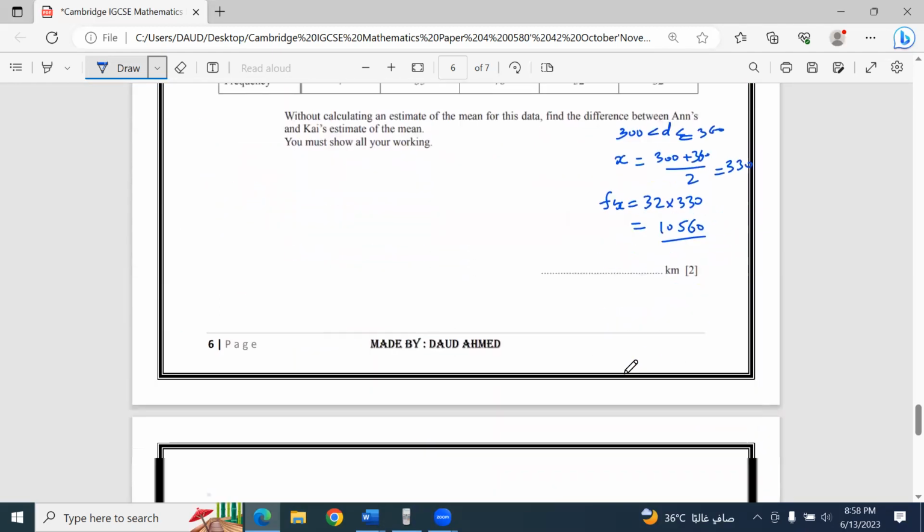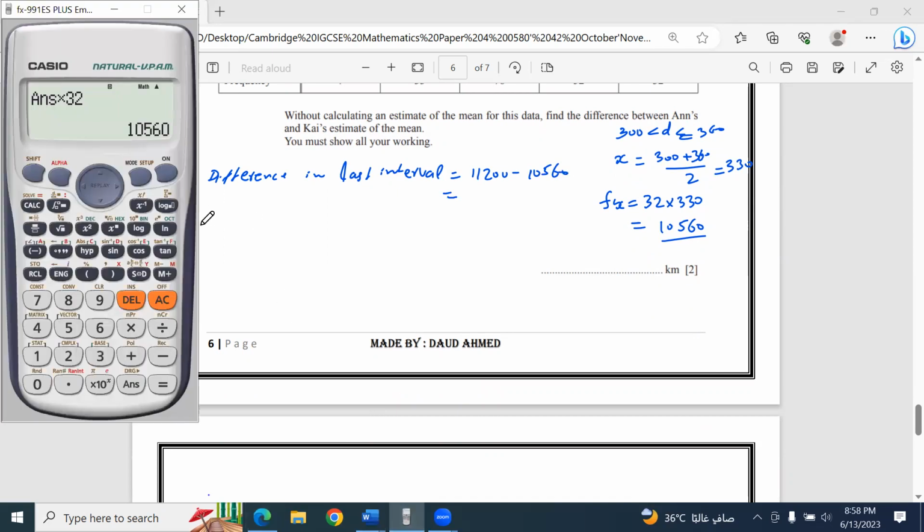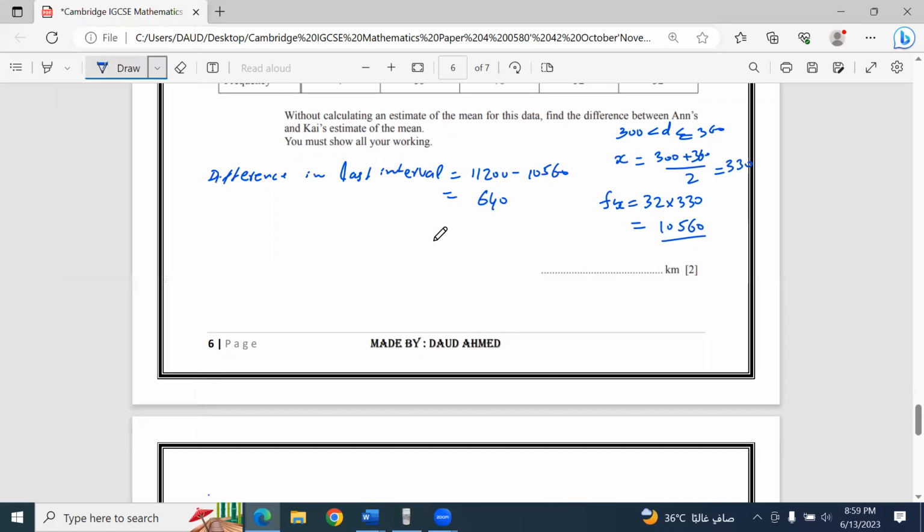The difference in the last interval, we can say, is 11,200 minus 10,560. It is equal to 640. So this is the difference.